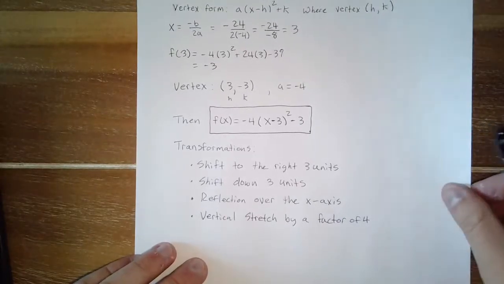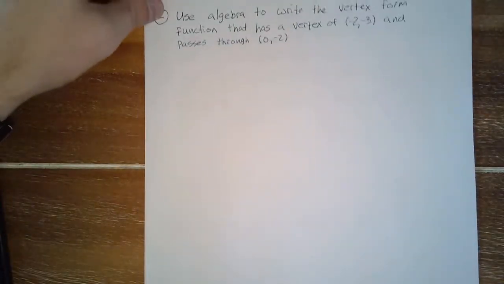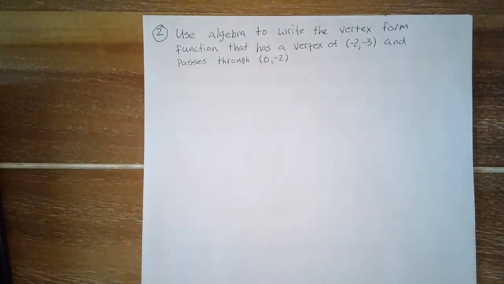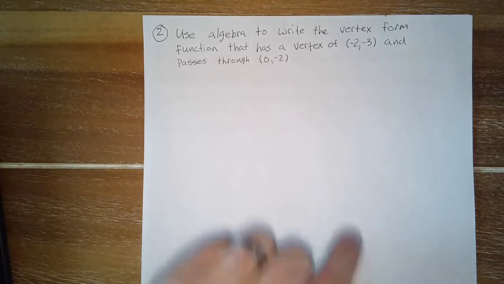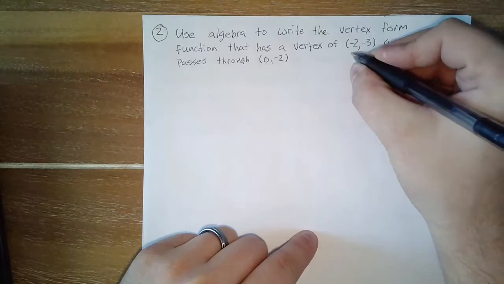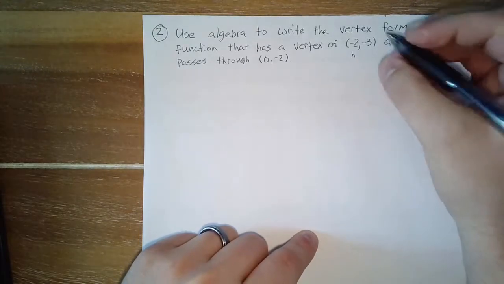Question 2 on this review ladder says use algebra to write the vertex form function that has a vertex of -2, -3, and passes through the point 0, -2. What I'm going to do is identify that if I have a vertex, this is h and this is k.